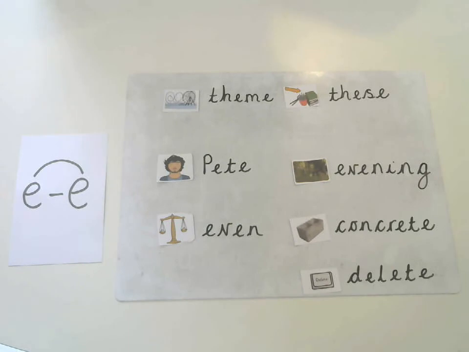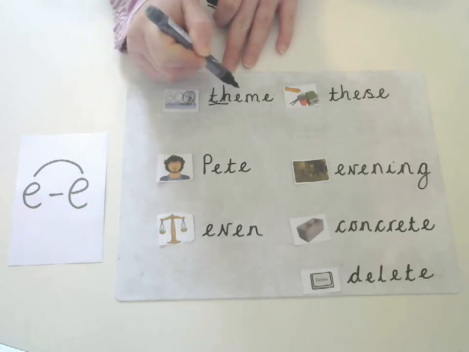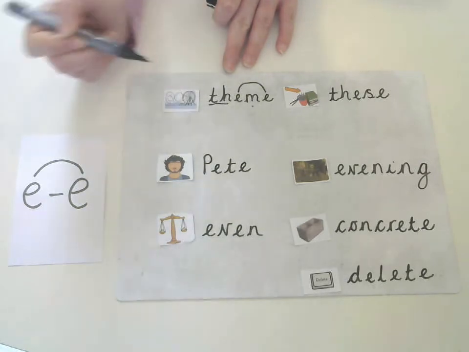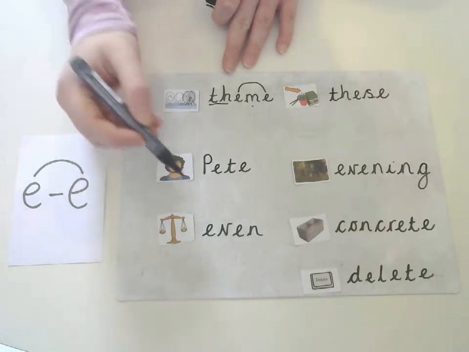Let's have a look at how these words are spelt then. So if we start here, we have theme. Next we have peat.